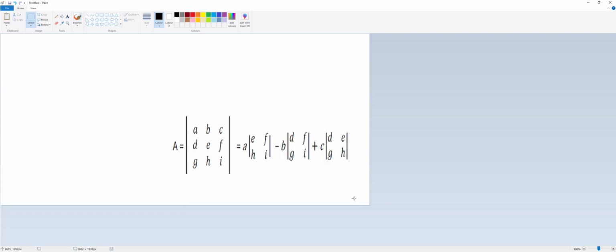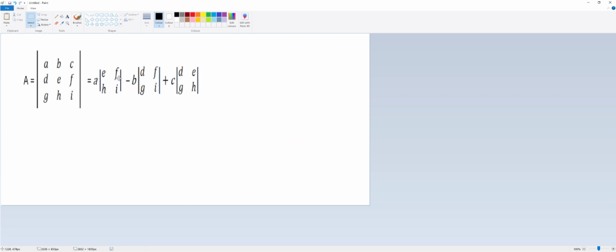All right. So what I want you to realize is the way the rule works. I'll first pick A. I'll pick A and then I'm ignoring all the other elements in the row that A belongs to and all the elements in the column that A belongs to.